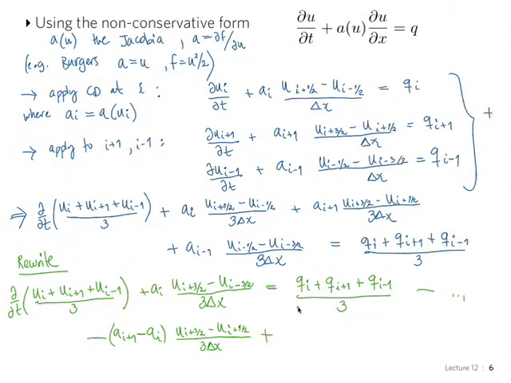You can work this out. I did it earlier today, and it works. And then (Ai minus A(i-1)) multiplied by (u(i-1/2) minus u(i-3/2)).